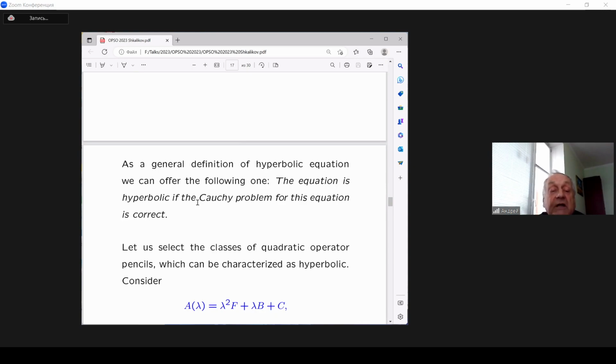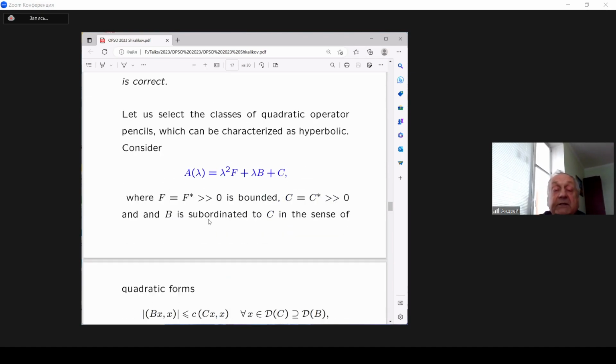The equation is hyperbolic if the Cauchy problem for this equation is correct. Let us consider an operator pencil of this form. The corresponding operator equation, we have the corresponding equations if lambda is changed by d over dt.